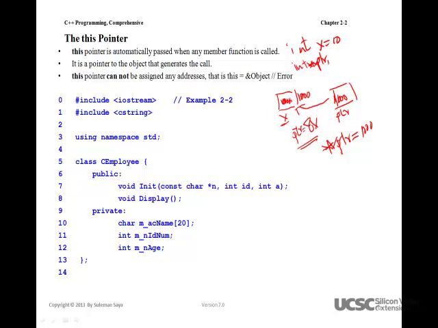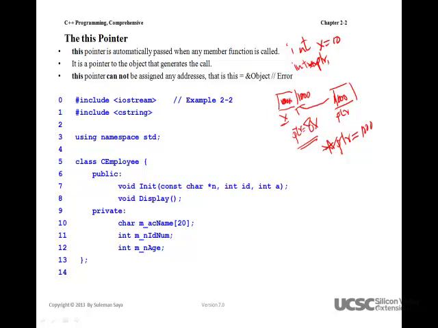So let's look at exactly what this pointer is. This pointer is automatically passed when any member function is called. As I told you just now, it is inserted automatically by the compiler, so during the runtime, it is automatically passed. It is a pointer to the object that generates the call.